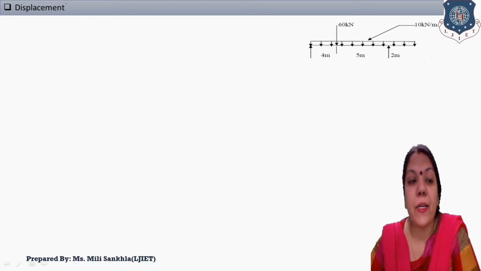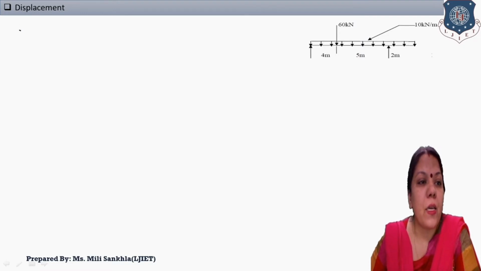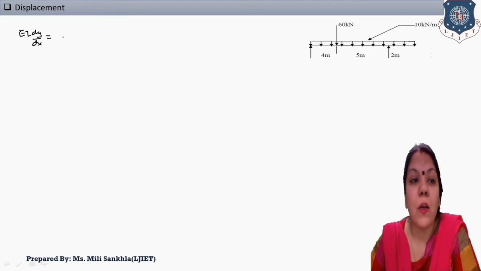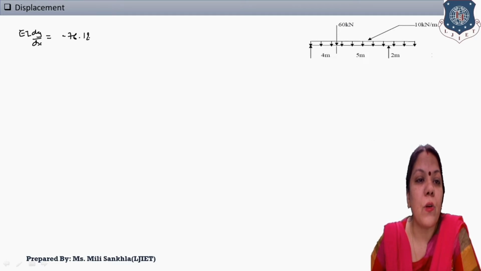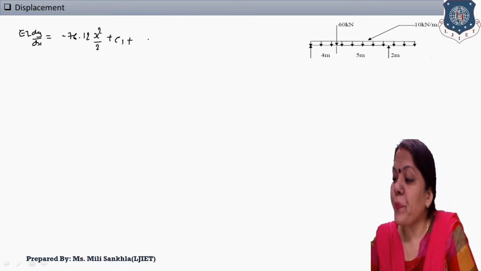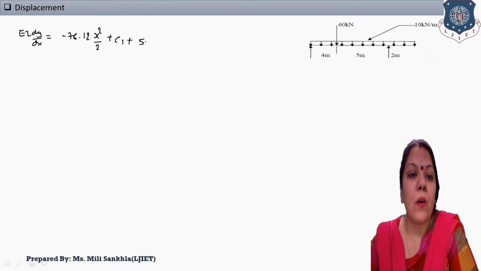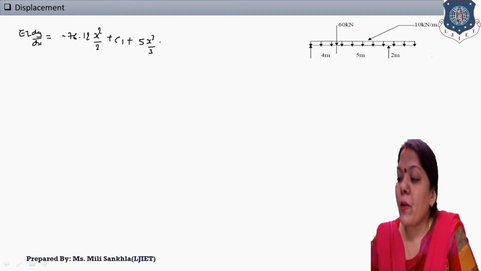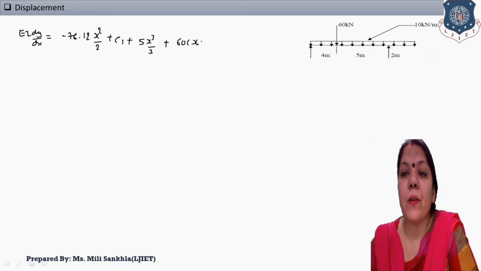First of all, we write here our first equation: EI dy/dx is equal to minus 76.12 x² by 2, then our constant C1, in the next term 5x³ by 3, plus 60 (x minus 4)² by 2 and minus 93.88 (x minus 9)² by 2.